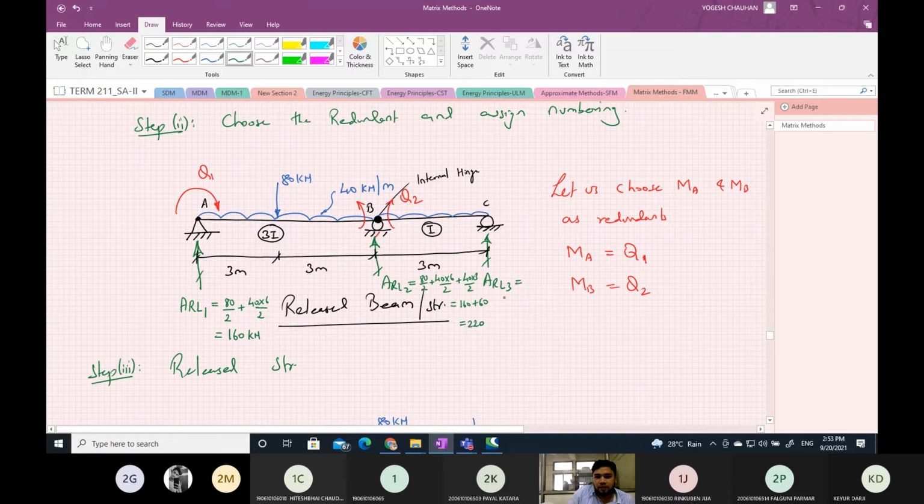Okay, same way ARL3 will be 40 into 3 by 2, that is 60. So you have the values of ARL1, ARL2, ARL3.